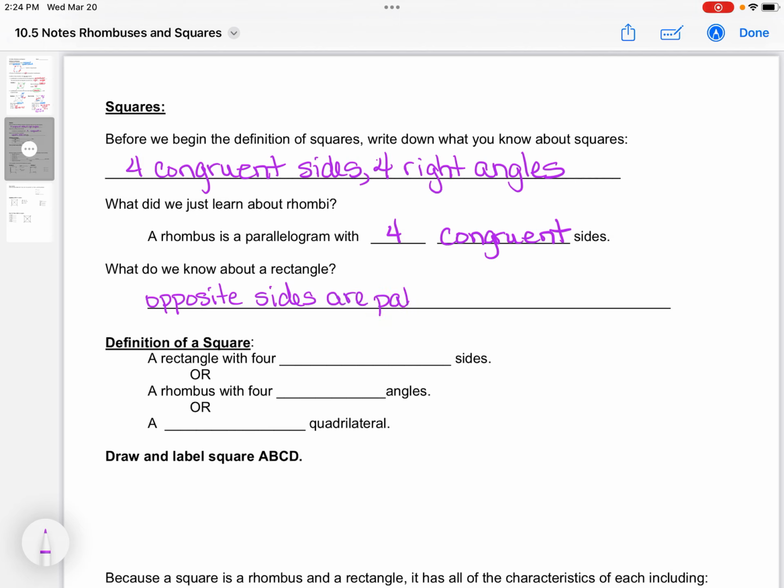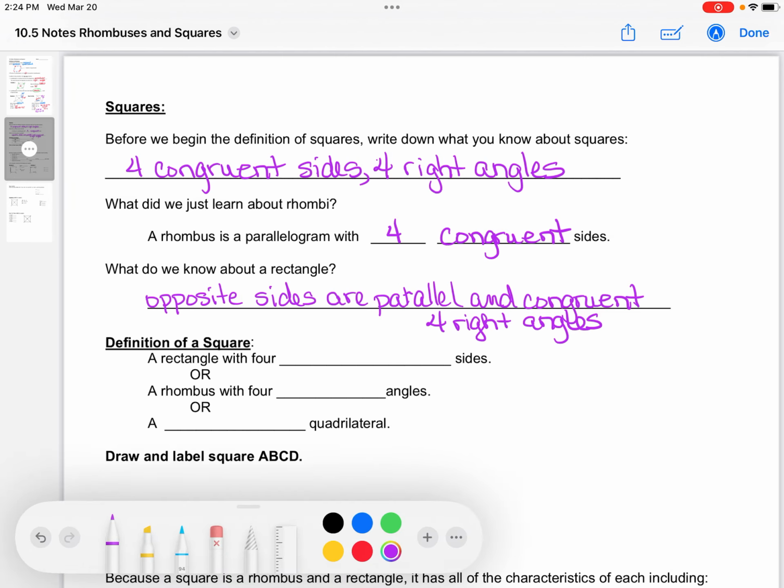Opposite sides are parallel and congruent. And it has 4 right angles. So a square is a combination of a rectangle and a rhombus.